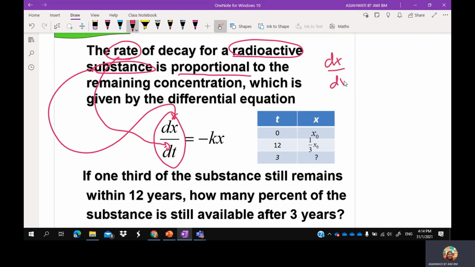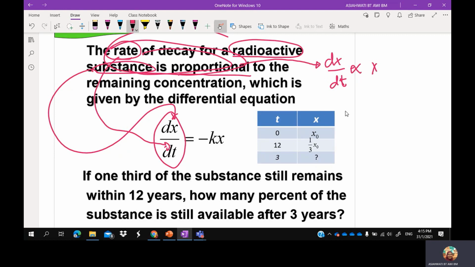Decay means negative. This is how to interpret the sentence into a mathematical sentence.